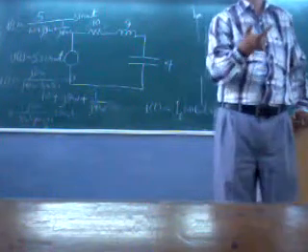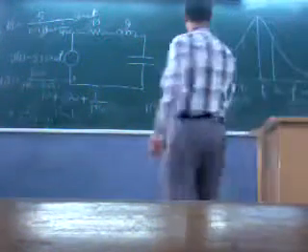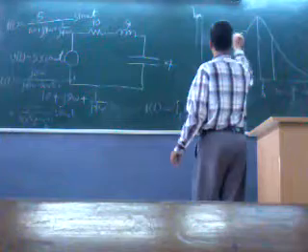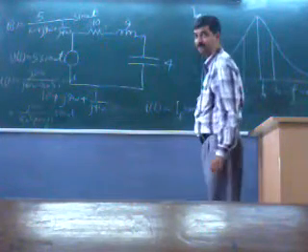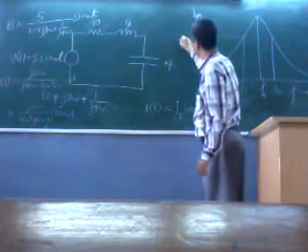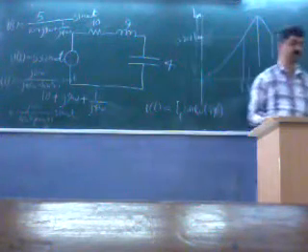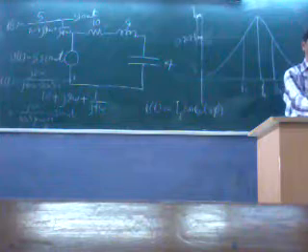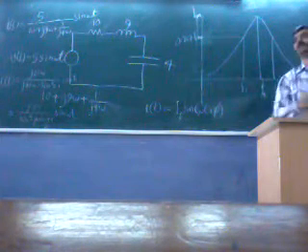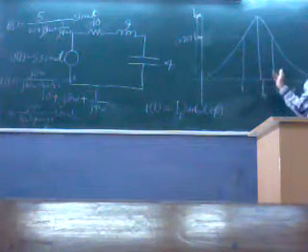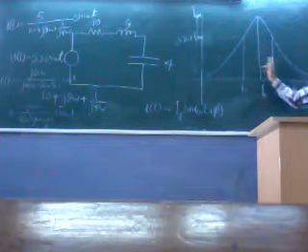Right? Why? Because power is proportional to current square. So these are half power points where the amplitude of the current is 0.707 times Im. And this is called as bandwidth.